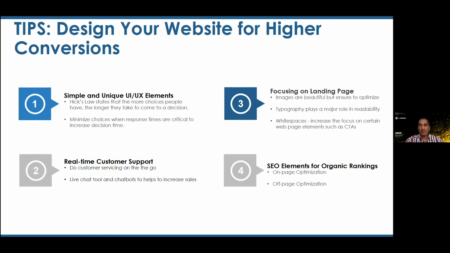So if you streamline and personalize the product pages, immediately they know what they want to buy, the decision time can be reduced, and the conversion happens for that specific product.